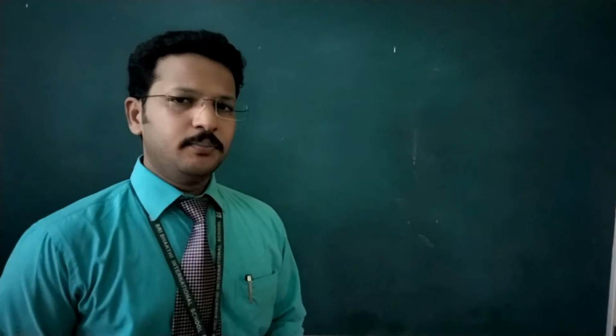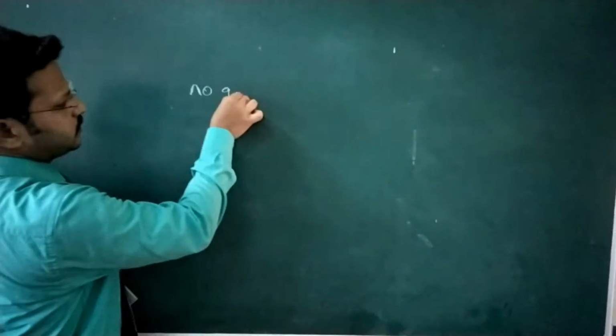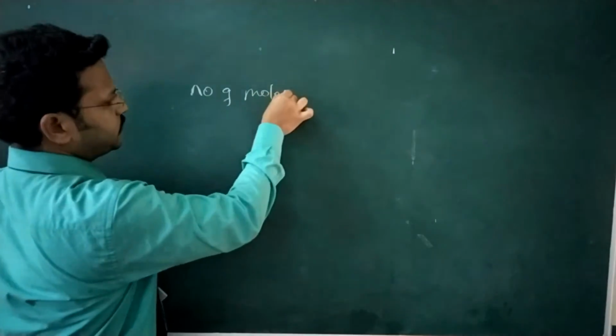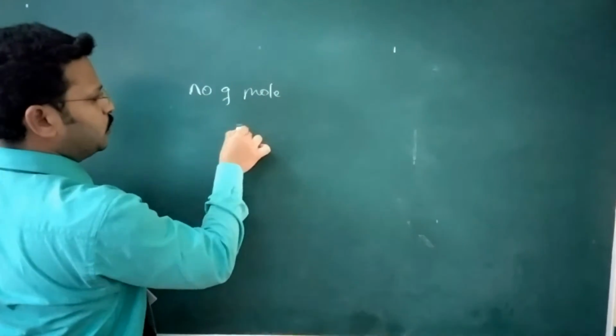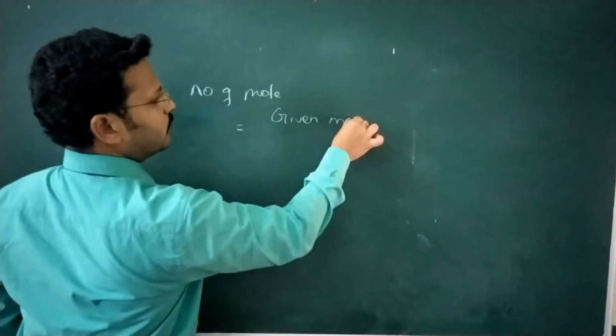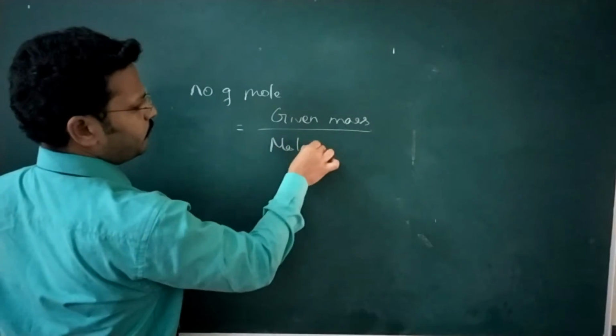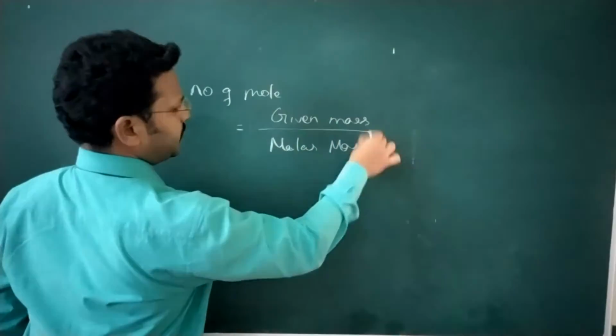Here we have a simple formula: the number of moles of a substance is equal to the given mass of the substance divided by the molar mass of the respective substance.